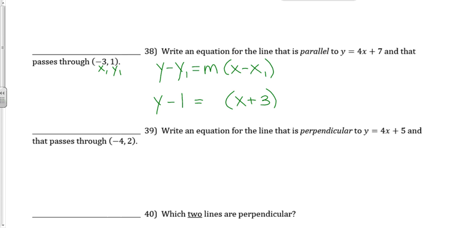We don't have m. To find m, we need to use this right here. If it's parallel, it means it should have the same slope. So my m would simply be 4. So my equation would be y minus 1 equals 4 times x plus 3. Remember, once again, it's plus 3 here because we're subtracting the -3.